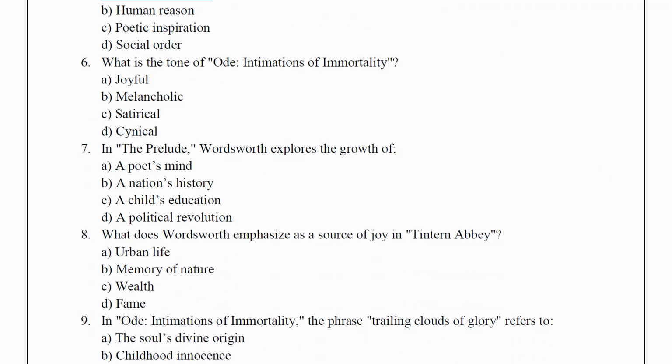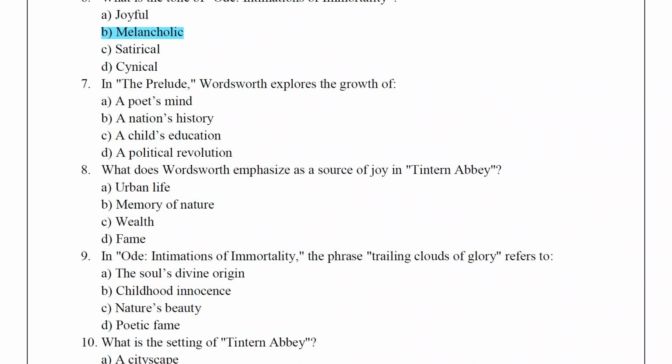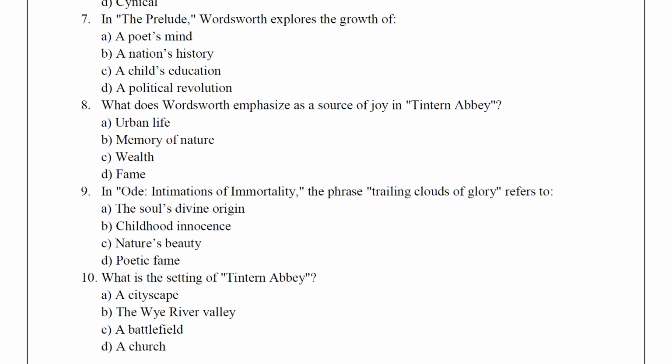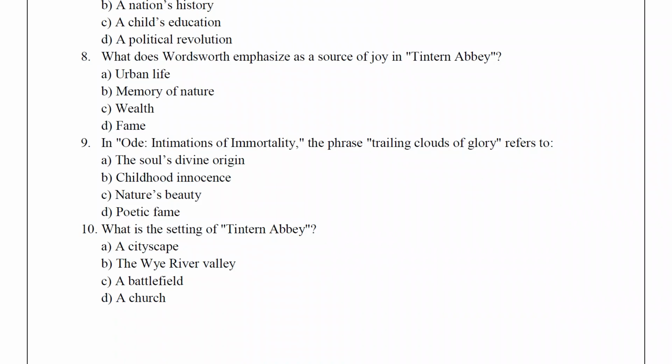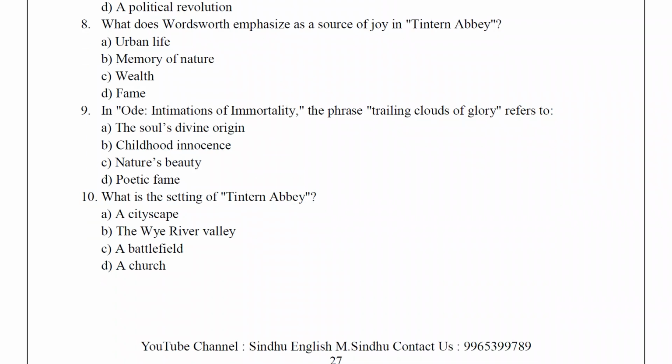What is the tone of Ode: Intimations of Immortality? Melancholic. In the Prelude, Wordsworth explored the growth of the poet's mind. What does Wordsworth emphasize as a source of joy in Tintern Abbey?